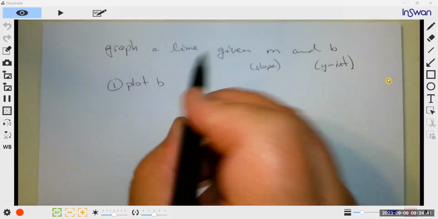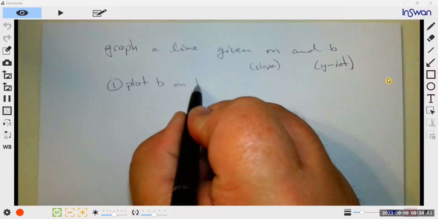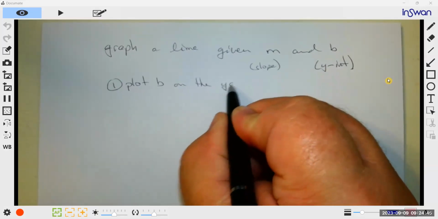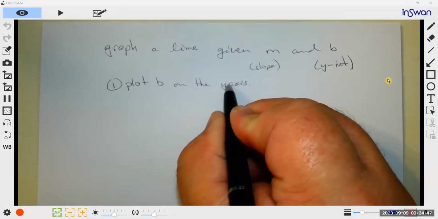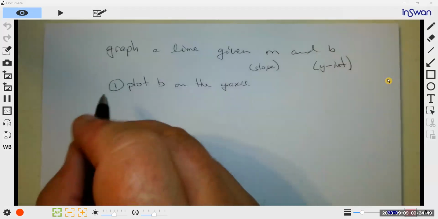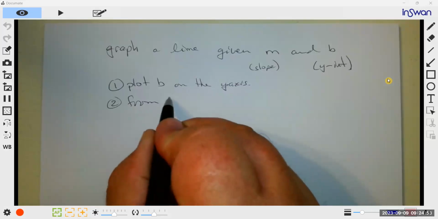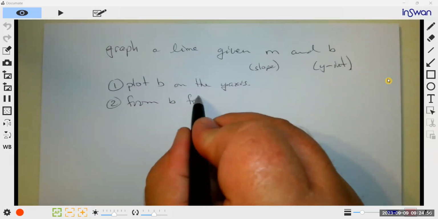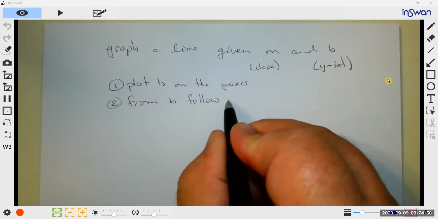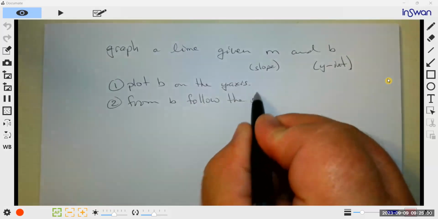Plot b on the y-axis. From b, follow the slope.